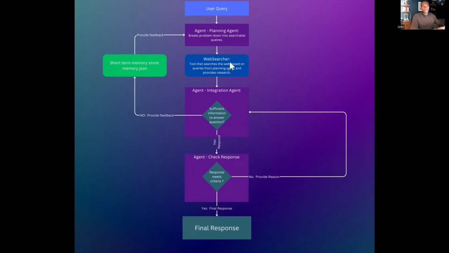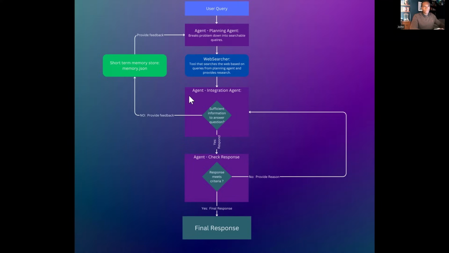So the web searcher is a tool that takes as an input the questions from the planning agent and returns a search engine results page, from which it then takes the best result and then scrapes the content from that page and presents it as a dictionary. What's good about the web searching tool is it will actually present this dictionary with the source and the content of that source of information. And that's key for the later steps.